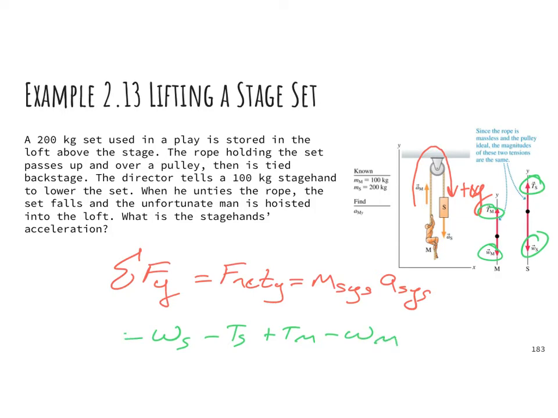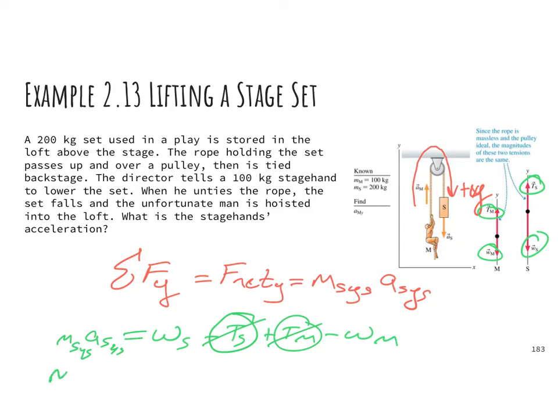And these things are going to be equal to the mass of the system times the acceleration of the system. Not the set, but the system. So don't confuse that. SYS. Kind of running out of room. So these two tensions, since they're part of an ideal pulley, they actually cancel out.